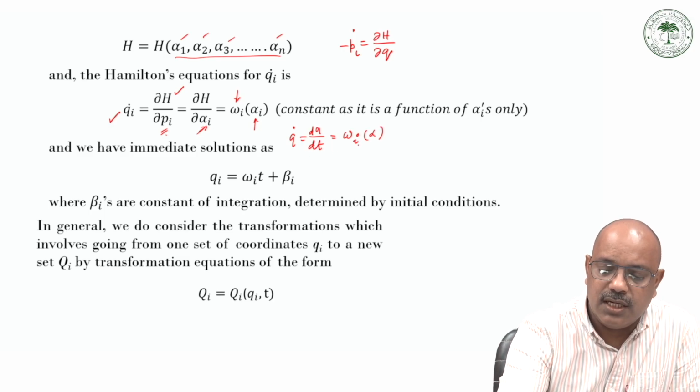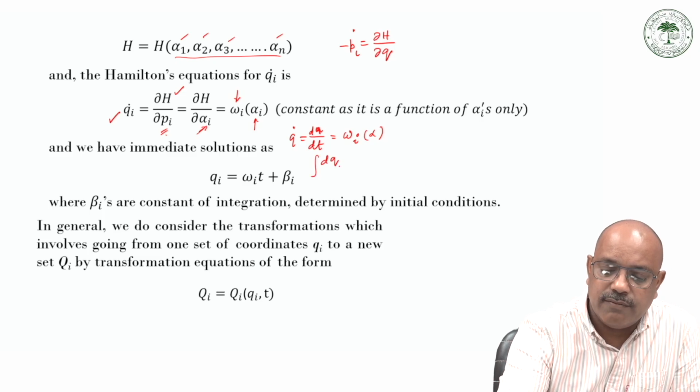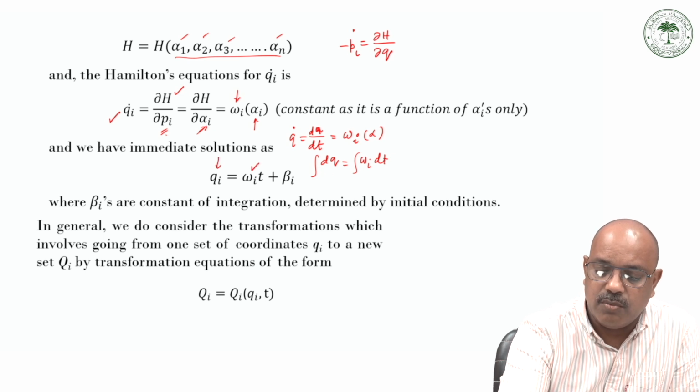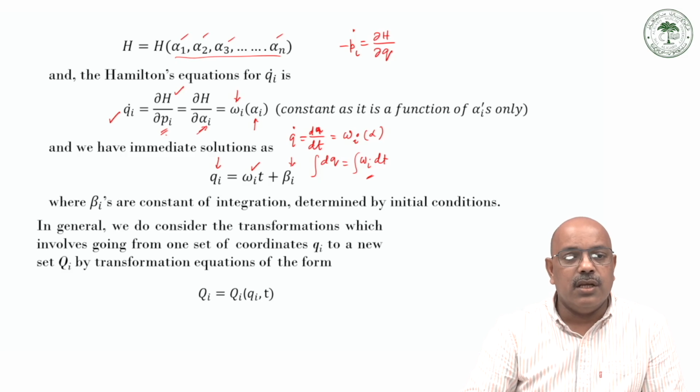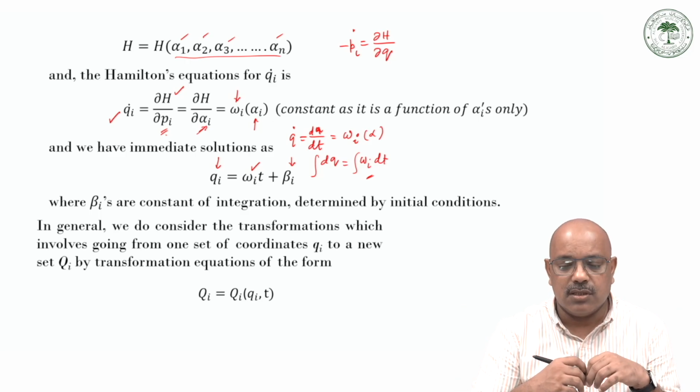So if I integrate dq equals omega i dt, then q is going to be omega t plus a constant of integration. The betas i are the constants of integration, determined by initial conditions depending upon what kind of problem you are solving.